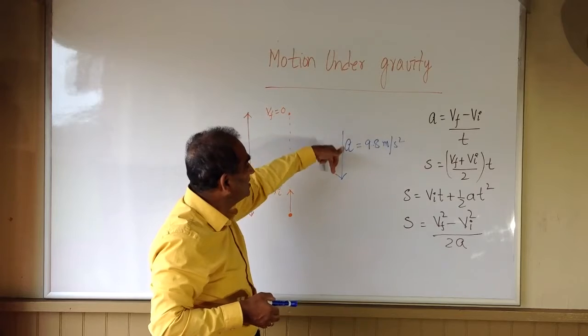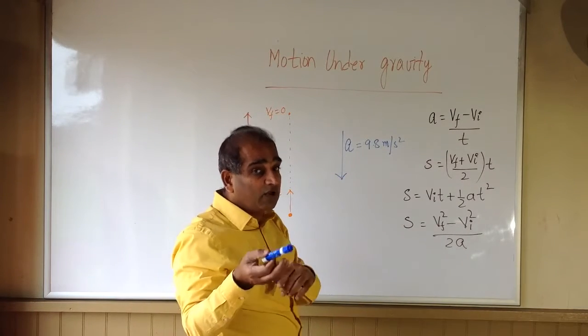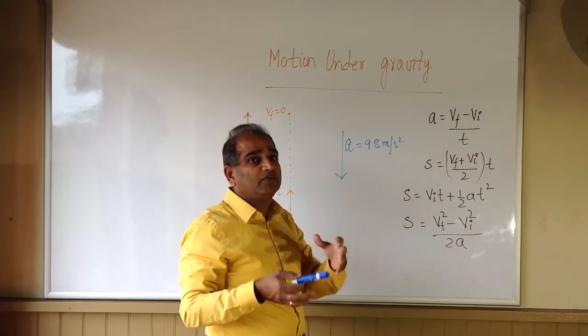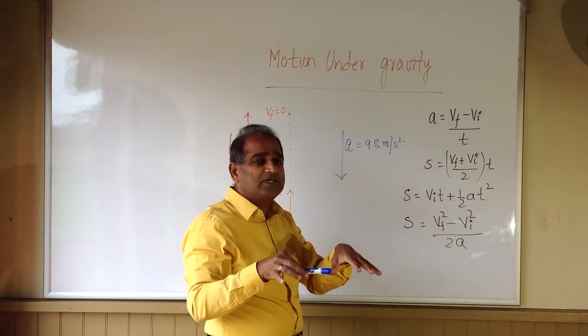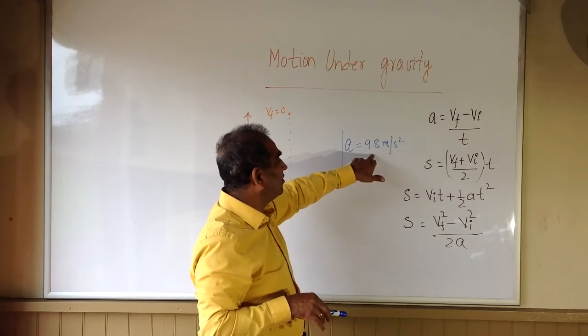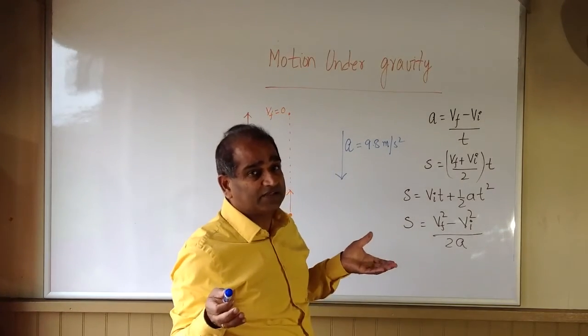So the acceleration is this way, and scientists have found, and you will also find it, that the acceleration of any particle which is thrown upwards or downwards is always downwards, which is 9.8 meter per second squared. This is the value of the acceleration.